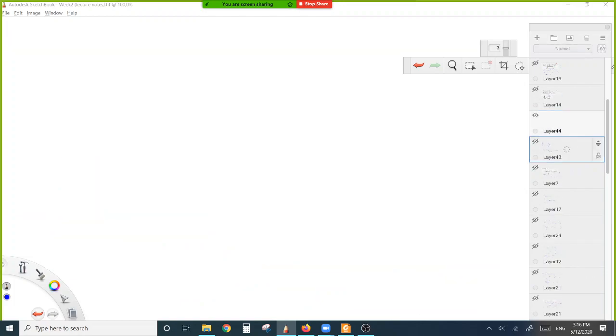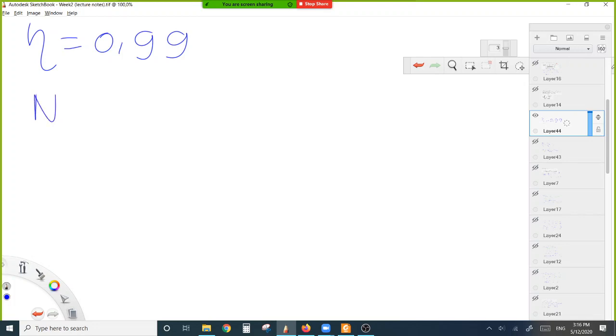Okay. If we have the loss of 1%, it means that eta will be 0.99, and for simplicity we assume that all losses occur in the core of the transformer, and so the turn ratio N1 over N2 will be eta times V1 over V2.